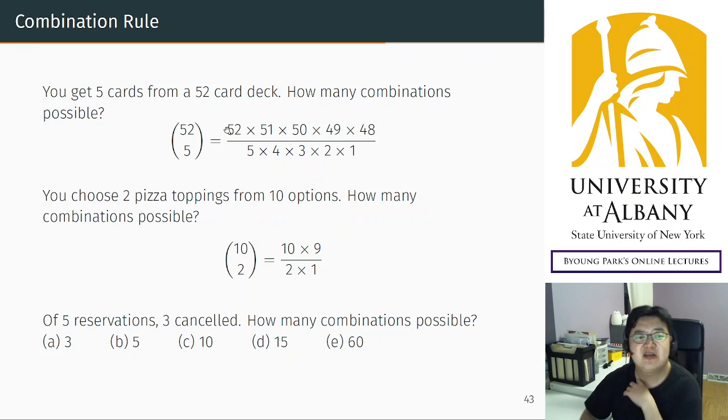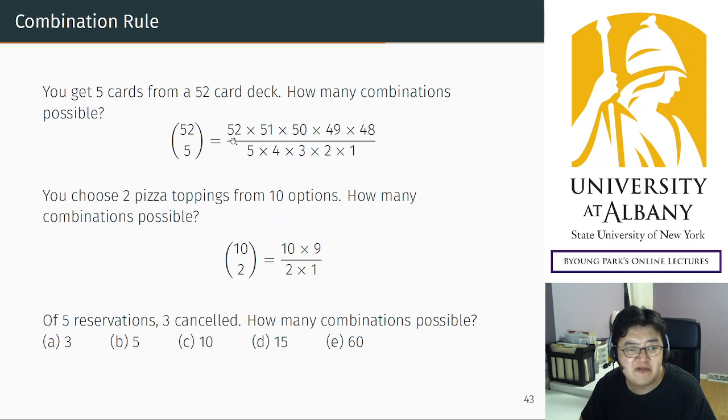And I'll tell you one pattern. In this case, in the denominator, you multiply numbers from 5 down to 1. Take this number, start from that number and multiply down to 1. And in the numerator, also start from 52 and do consecutive multiplication for that many numbers.